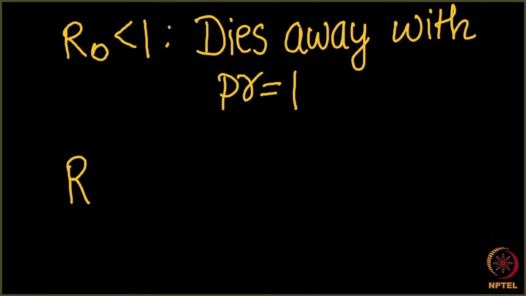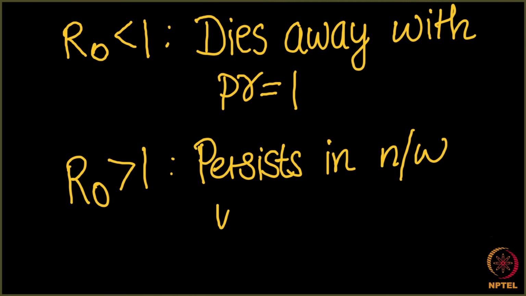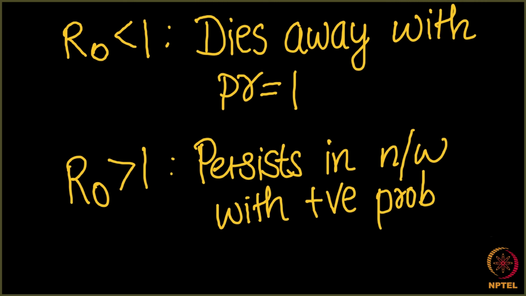But if your R0 is greater than 1, then it persists in the network. It becomes an epidemic. Your infection persists in the network with positive probability. I don't say that this probability is 1, but with some positive probability your infection persists in the network.